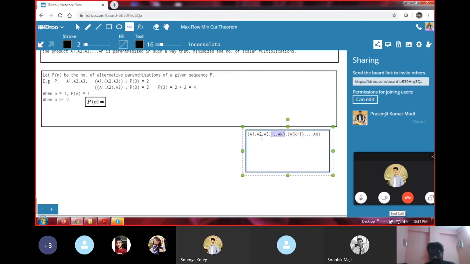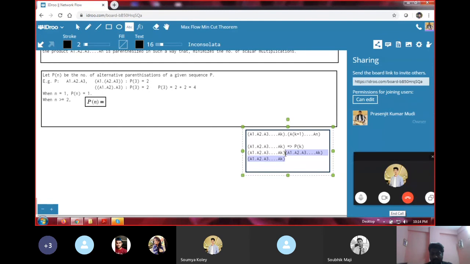If these are the subsequences, first and second, then the number of alternative parenthetizations in the first subsequence gives us P of K. This is the number of parenthetizations of the subsequence A1, A2, A3, dot dot dot AK, the first K number of matrices.